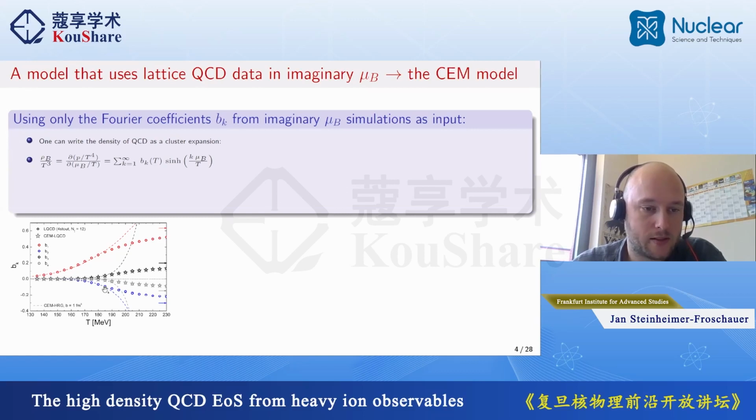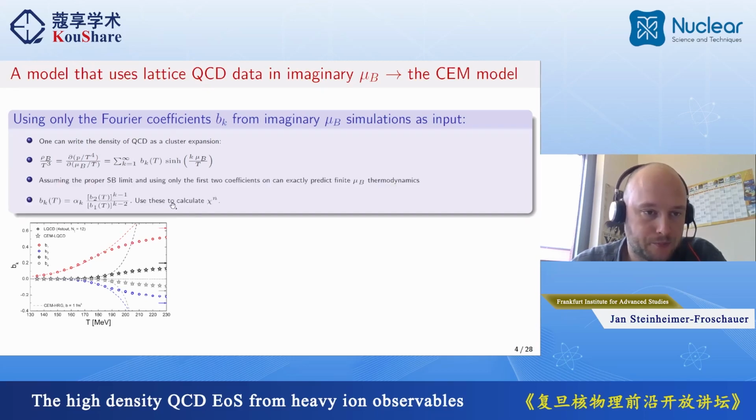And the interesting part is that at low temperatures, up to 180 MeV, these points are very well described by a hadron resonance gas model. And above that they diverge, which you would expect. And then of course you have these arrows, which are basically the asymptotic limits.